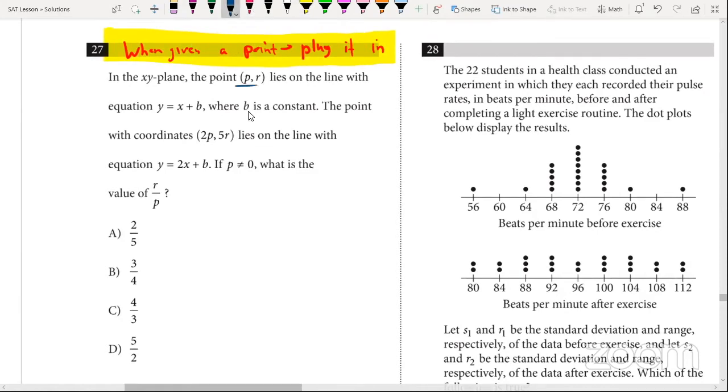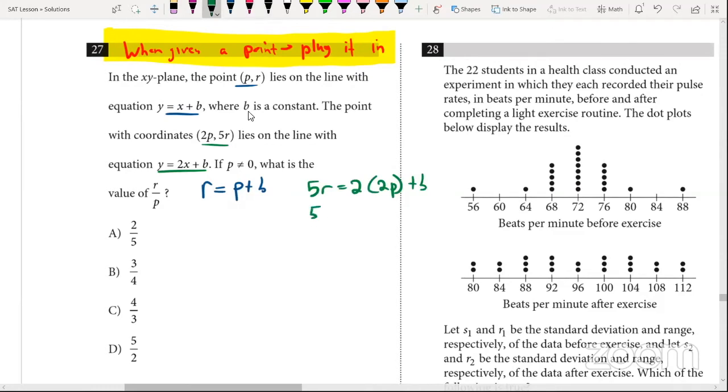So here we have (P, R) on this line. So x is P when y is R. So we'll plug that in. Y is R when x is P. And they're saying that this point lies on this line. So y is 5R when x is 2P. So 5R equals 2 times x, x is 2P, plus b.